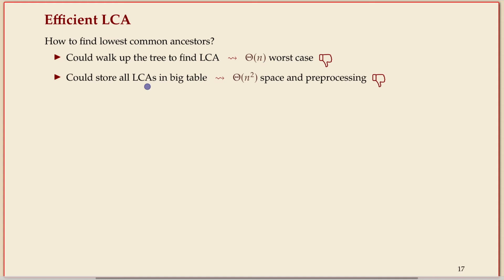We could also just pre-compute everything. That's kind of boring. Also takes lots of space. We don't like that. And if you need that much space, it also takes that much time to fill the table in pre-processing. So that's not great either.